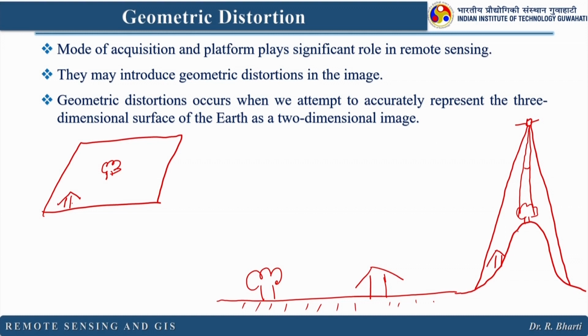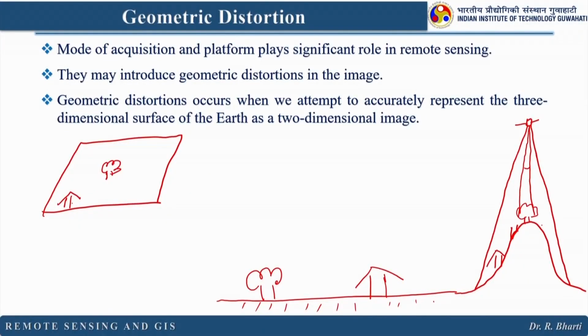But what will happen to this particular plane? Here your pixel will not be square, because we always define our spatial resolution in square, like 1 meter by 1 meter, 23.5 meter by 23.5 meter, or 30 by 30 meter, or 60 by 60 meter. But here if you see, if it is capturing this particular area, this will be something like this.